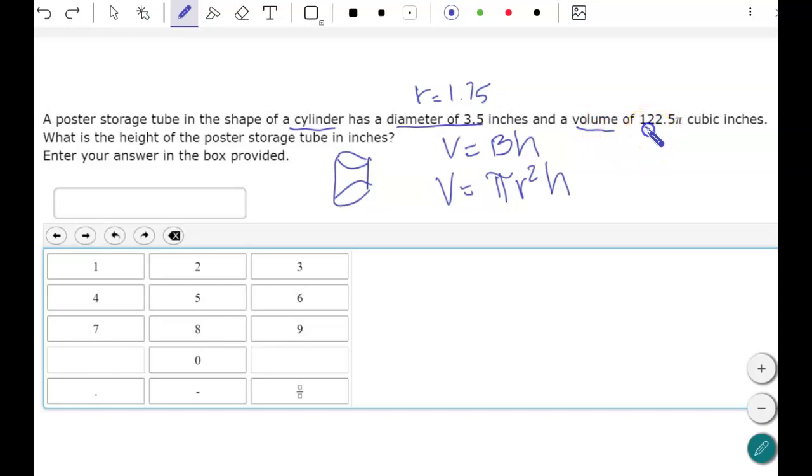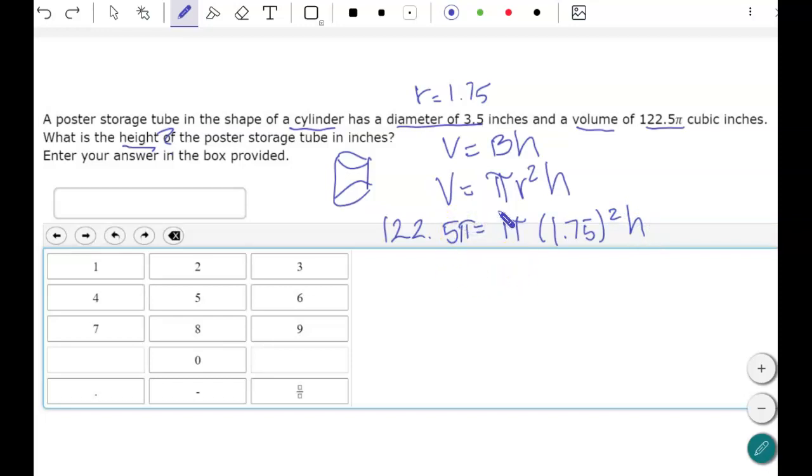And they've given us the volume, and we're looking for the height. That's what we're trying to find. So we're going to plug in the volume that we know, 122.5. We're going to leave that pi symbol there. We have to square the 1.75. Oops, I forgot my pi here.